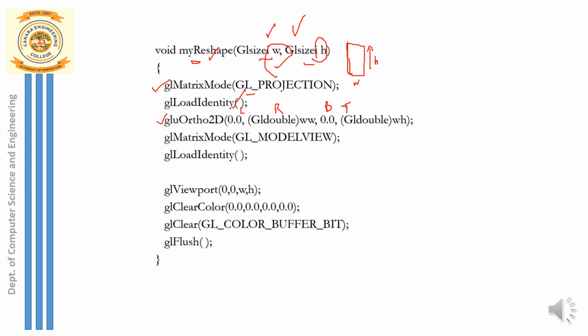Here left is taken as 0, bottom is also 0, right indicates the width, whereas the last parameter top indicates the height.